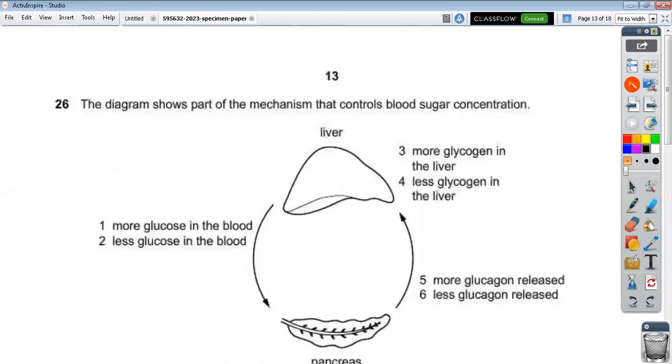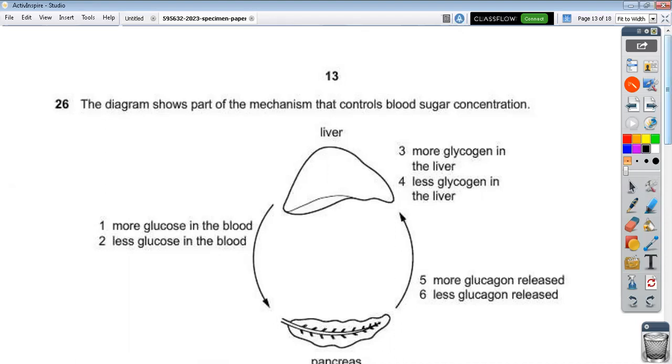Now, control of sugar levels. The diagram shows you part of the mechanism that controls the sugar concentration. 1, more glucose in the blood. 2, less glucose in the blood. 3, liver, more glycogen. 4, less glycogen, more glucagon released, less glucagon released. 5, pancreas.